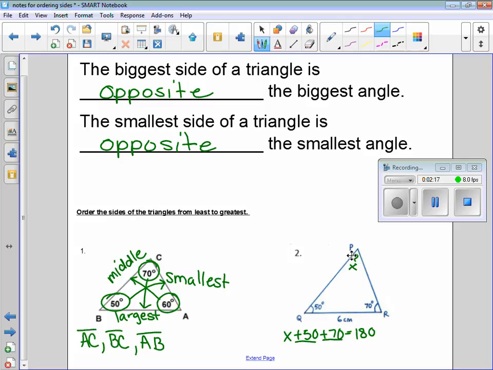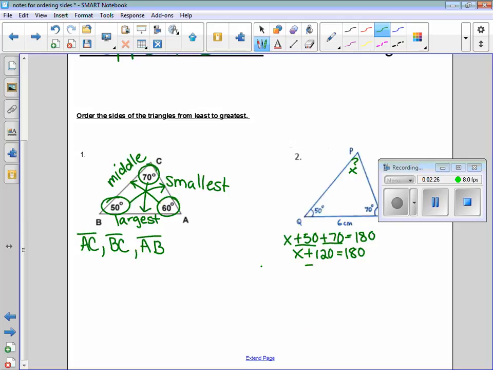We add 50 and 70, which is 120. Subtract 120. So X equals 60 degrees. So angle P, we can now write 60 degrees.